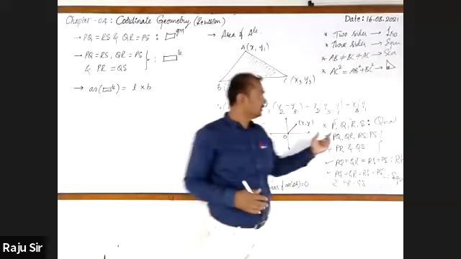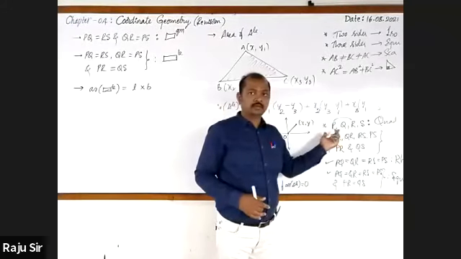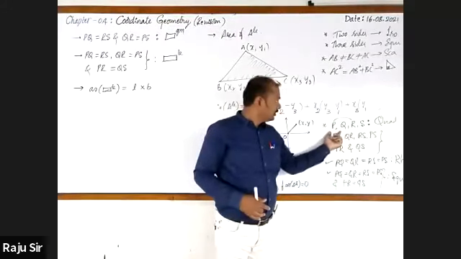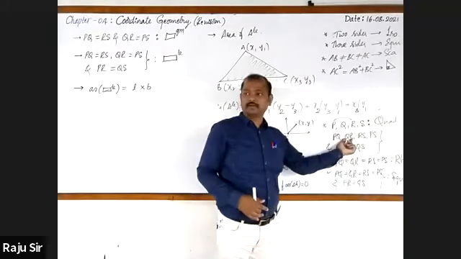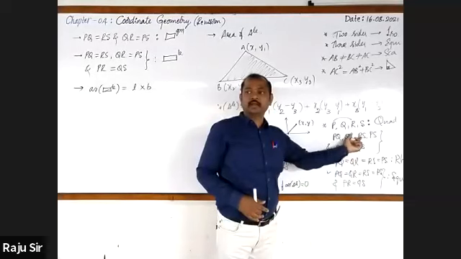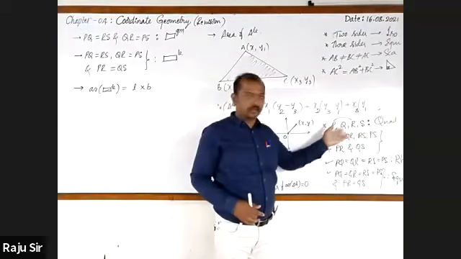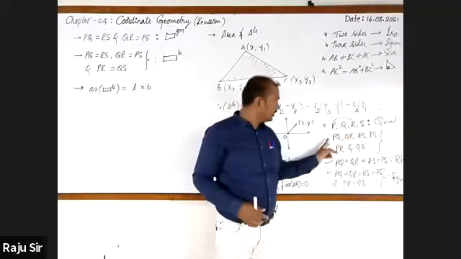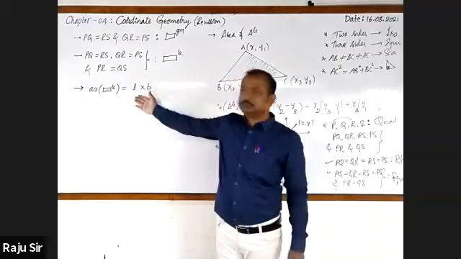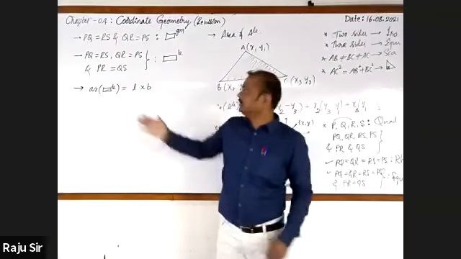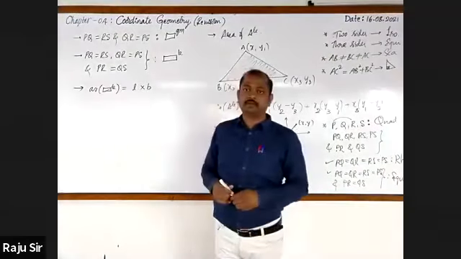How do you find it? Adjacent sides should be taken. Length is PQ, breadth is QR. You'll find out these two, and after that, you'll find the area of the rectangle. Got it?